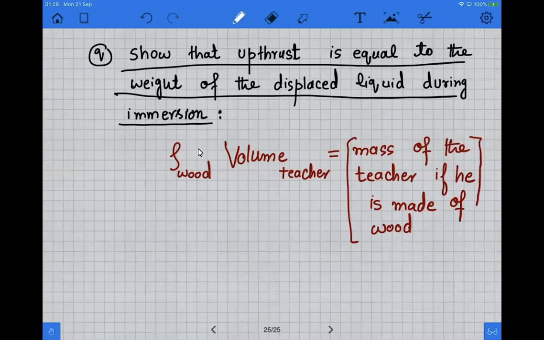Basically, this concept is used if you want to estimate the weight or the mass of an object.